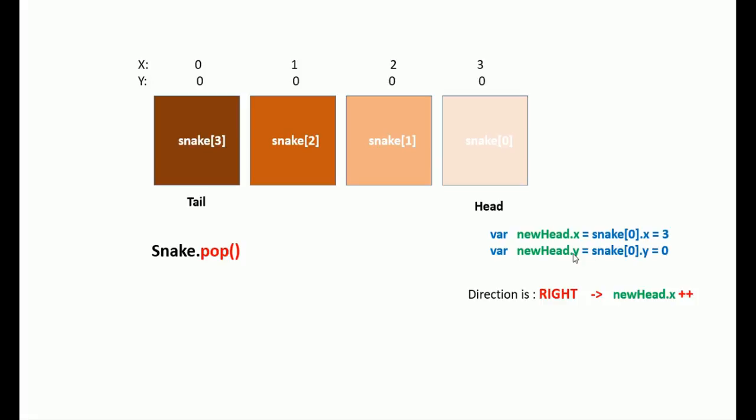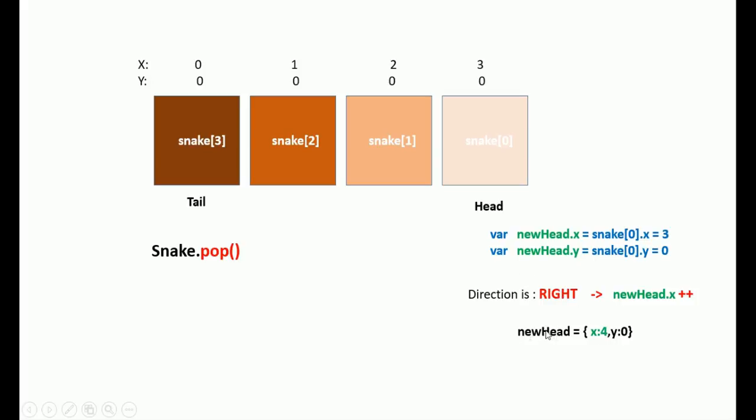We increment the X position by 1. If it was up, we will change newhead.y, not the X, and so on. So we change one of these based on the direction, and then our new head will have these values. The X position is 4 and the Y position is 0 because the direction was right.